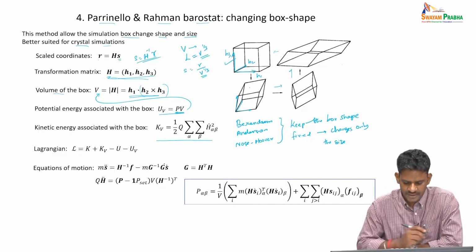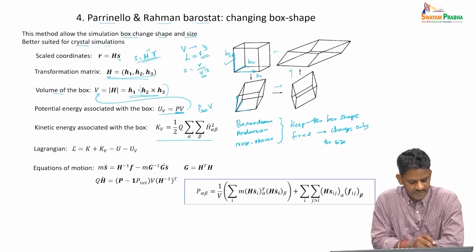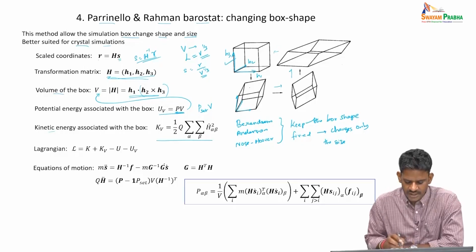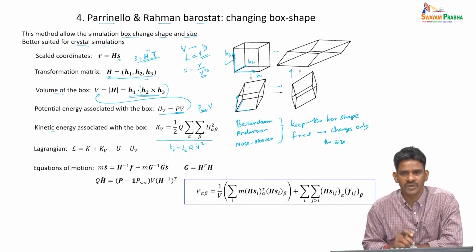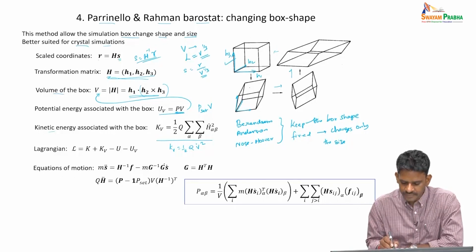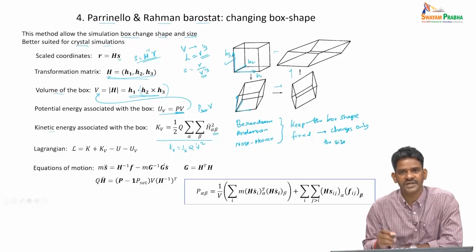Okay, so this should be P set times V. Similarly, we associate a kinetic energy with the box, which in the Andersen method we would have simply defined as 1/2 q V dot squared for the case of a cubic box. But now we are letting the box evolve, so we have to use this two-index h alpha beta, where alpha and beta can be 1, 2, 3, and we use the rate of change of these edge lengths.